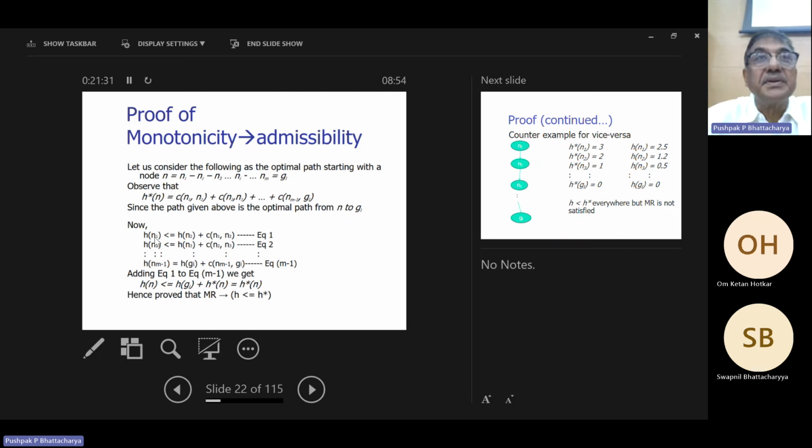This is because of the monotone restriction. H(n2) must be less than or equal to H(n3) plus C(n2, n3).